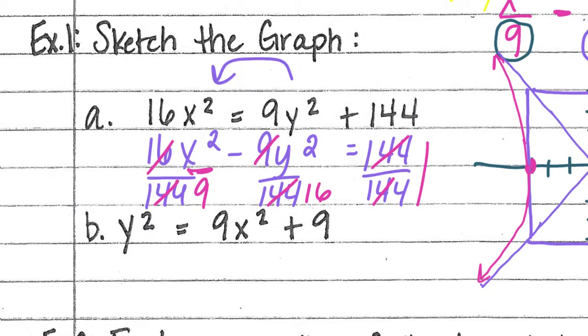The next one, notice, we're going to do the same steps. And I'm going to go ahead and subtract that 9x squared over. And then I'm going to divide everything through by 9 to make it equal to 1.